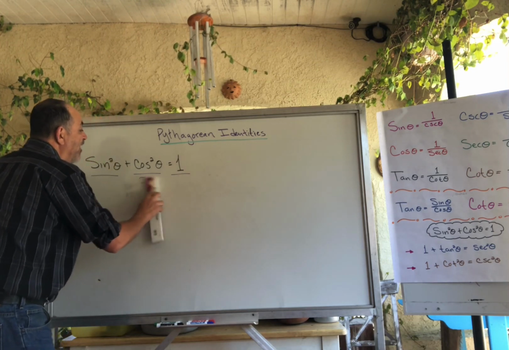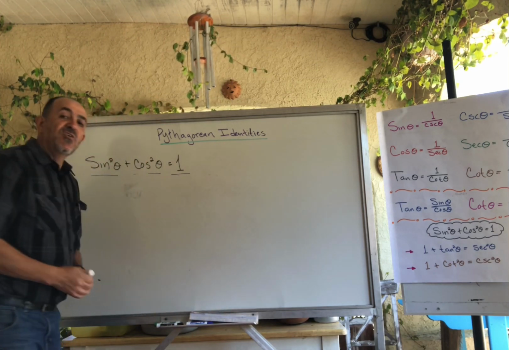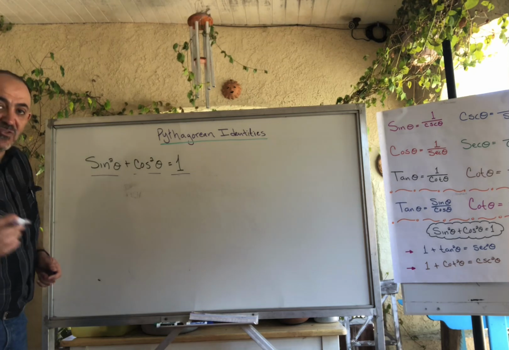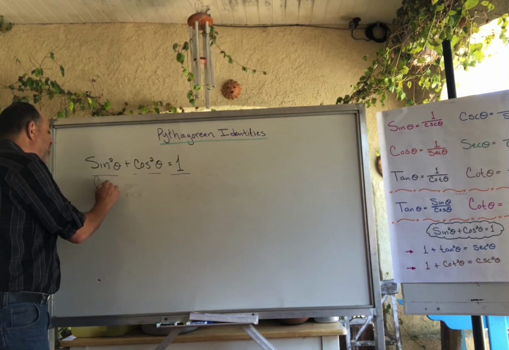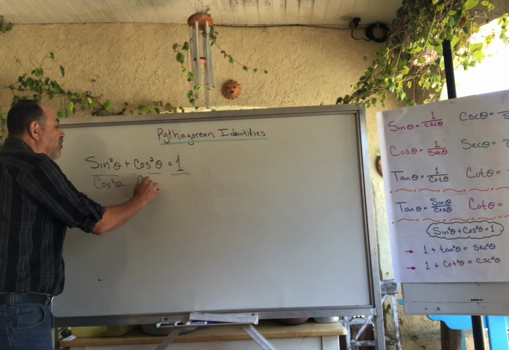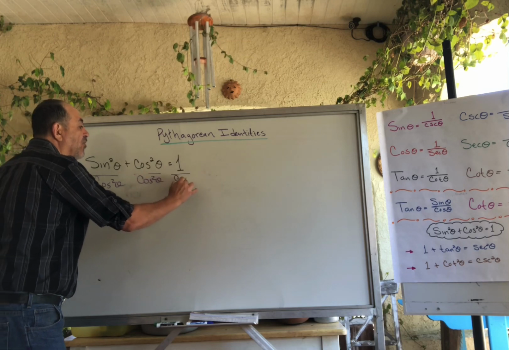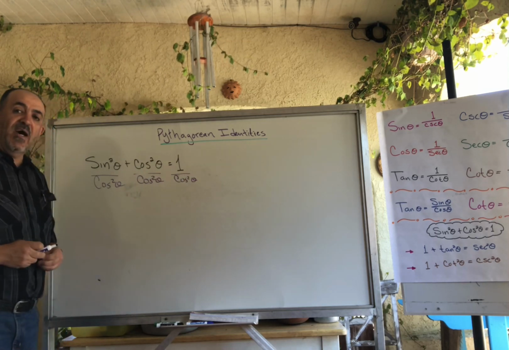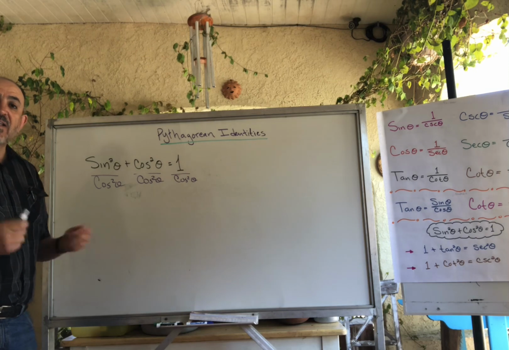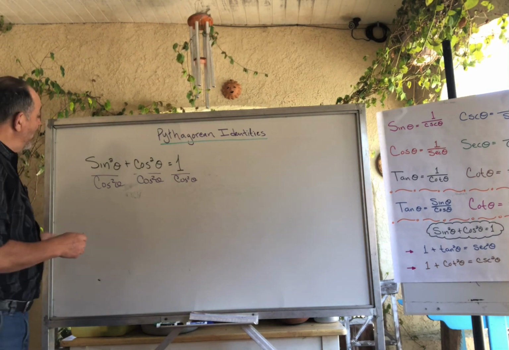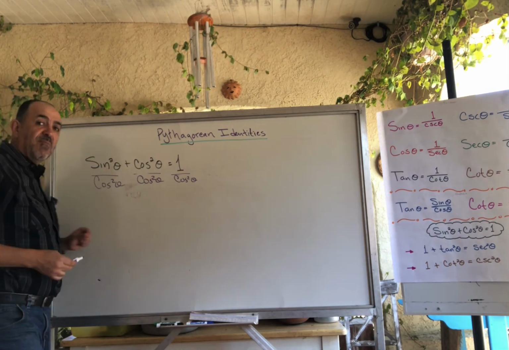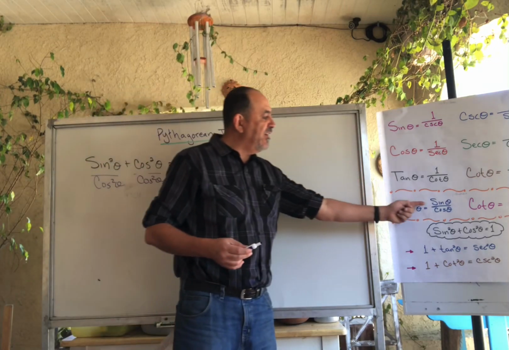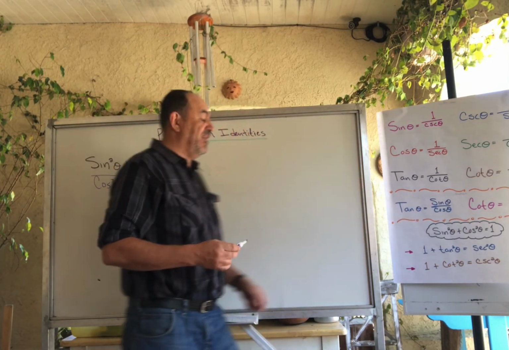The same could be said of this. Supposing instead of dividing by sine squared of theta, you wanted to divide by cosine squared of theta. Well, you divide by cosine squared of theta on all three pieces, and then you simplify yet again. And what do you get? Well, sine squared of theta divided by cosine squared of theta would be tangent squared of theta.